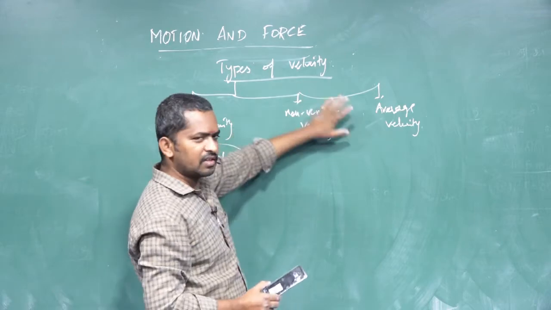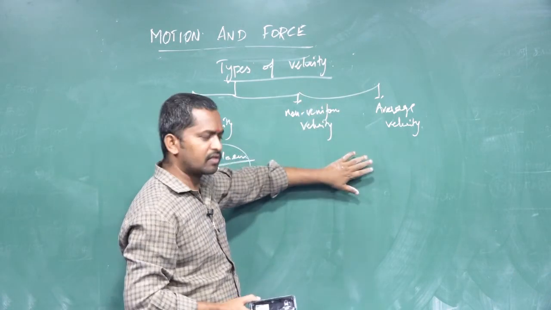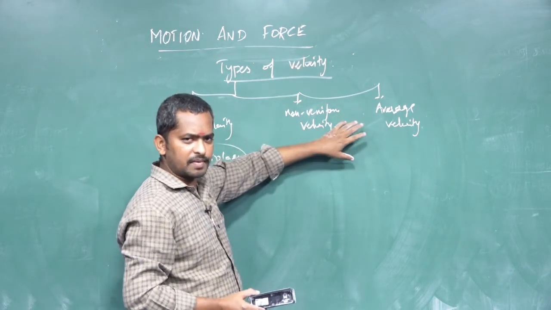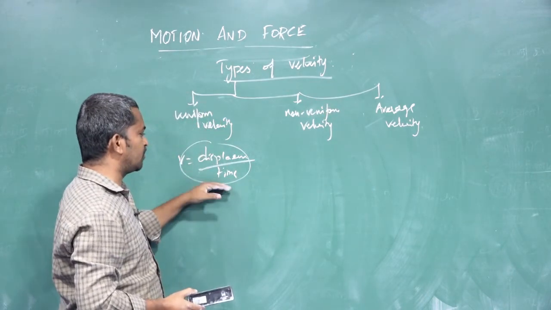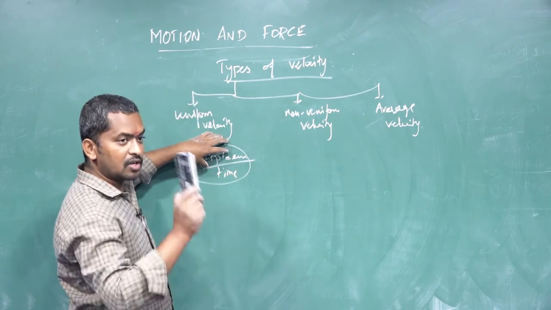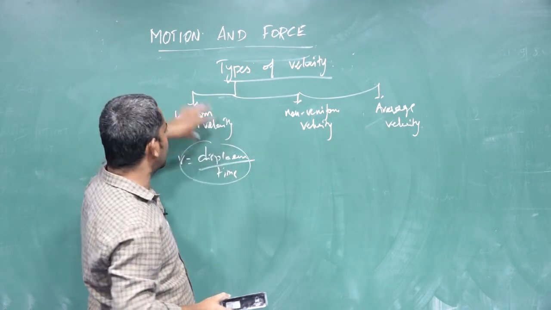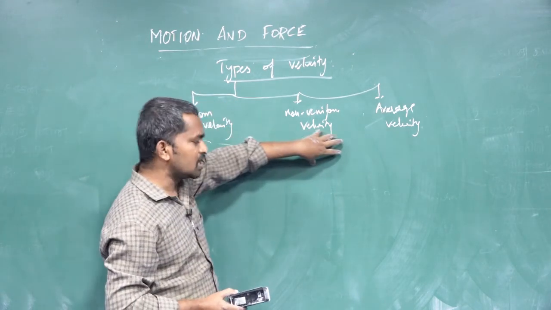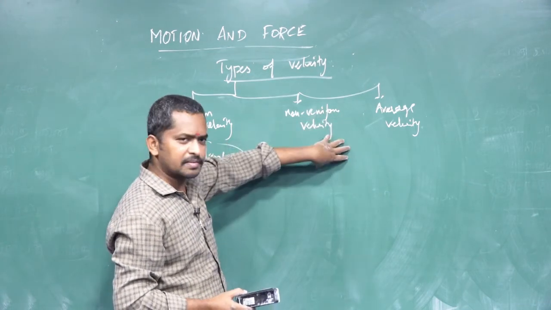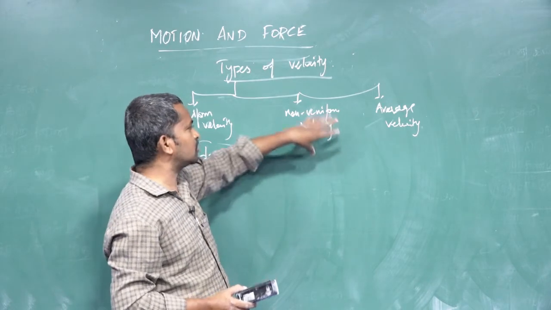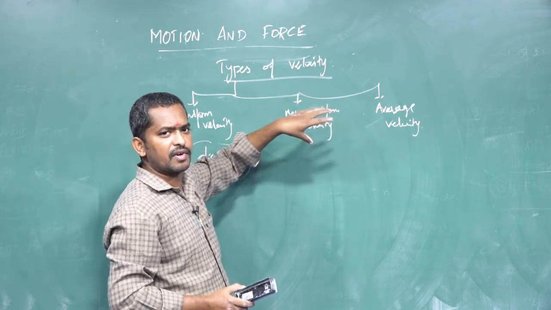The object covers unequal displacement in equal intervals of time, or equal displacement in unequal time. Here, very important, displacement divided by time. Equal displacement in equal intervals of time is uniform velocity. Equal displacement in unequal intervals of time, or unequal displacement in equal intervals of time, both are non-uniform velocity.